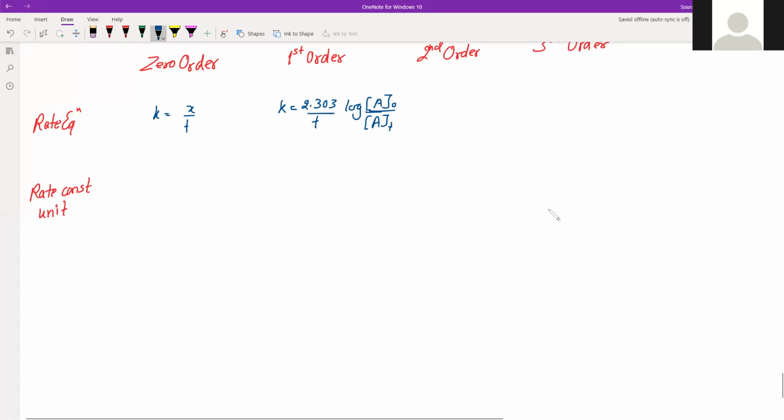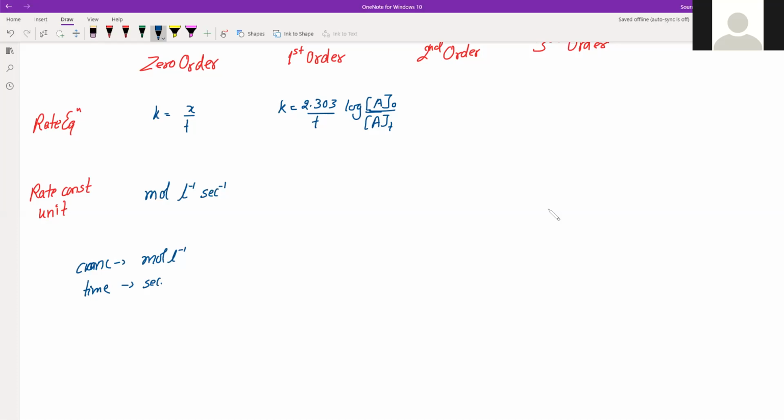Coming to the units, which is more important here. Here x is a concentration term and T is time. Taking concentration unit as mole per liter and time unit as second, it will be mole per liter per second for zero order reaction. What about first order?